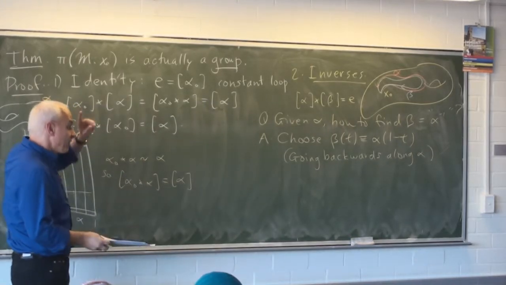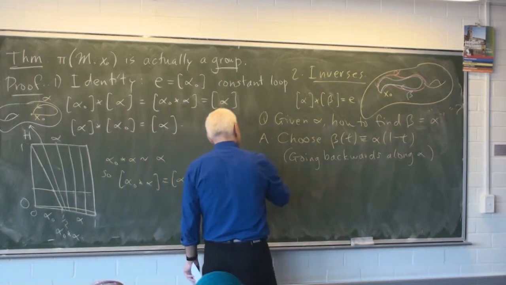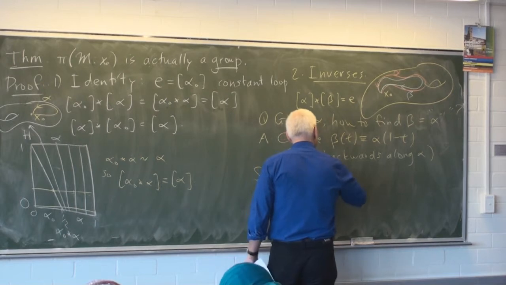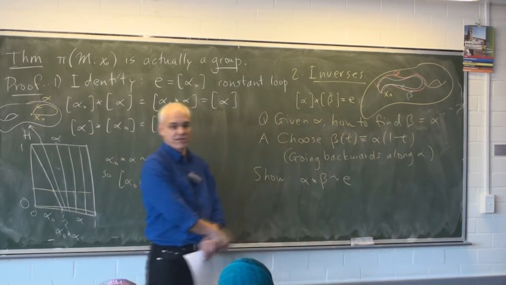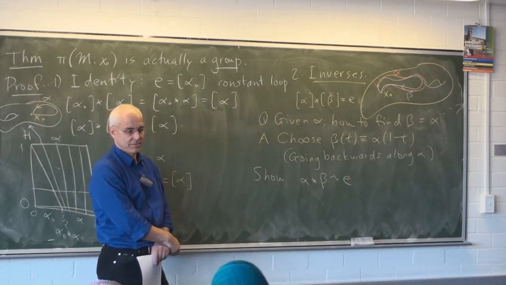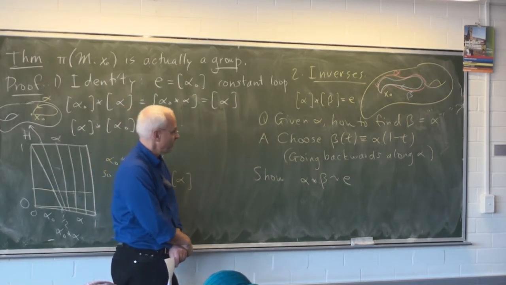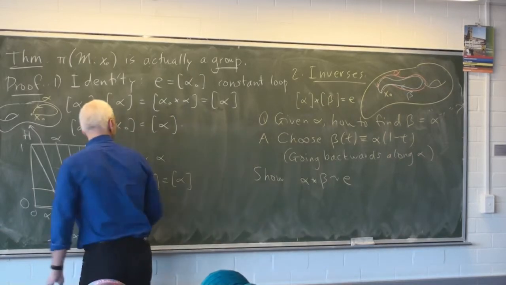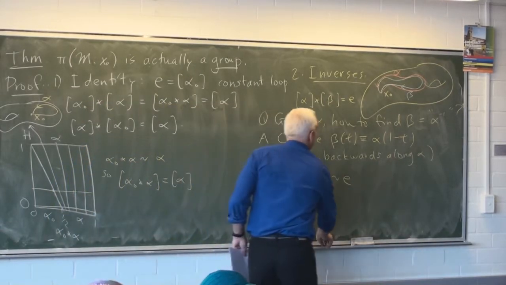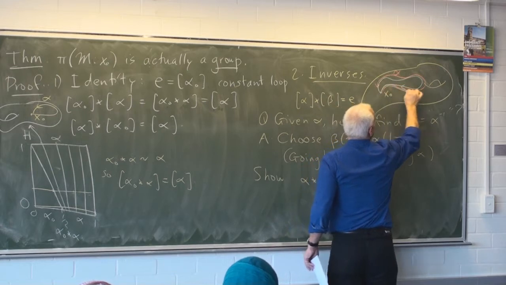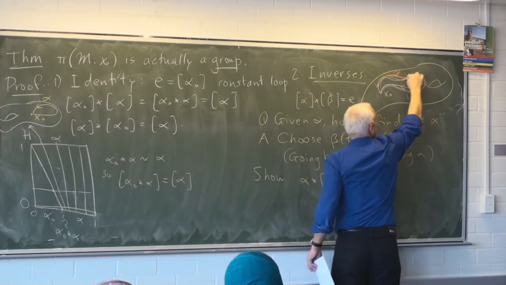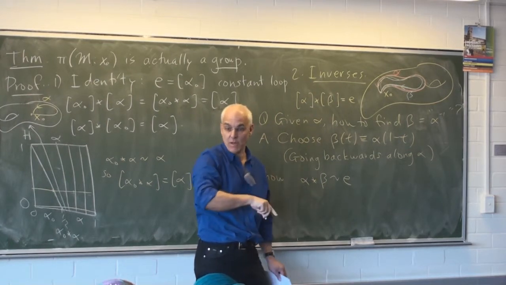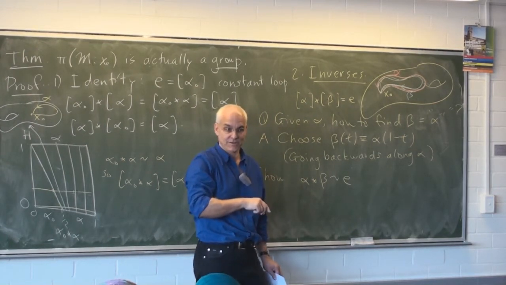But I now have to convince you that alpha times this beta actually is homotopic to the constant loop. In other words, if I start with alpha and then continue along with beta, that combined loop is actually homotopic to the constant.